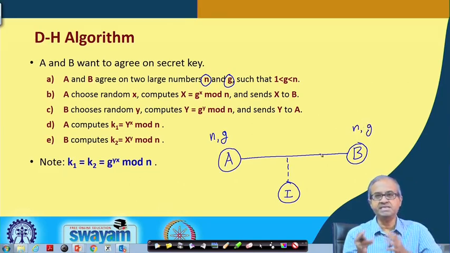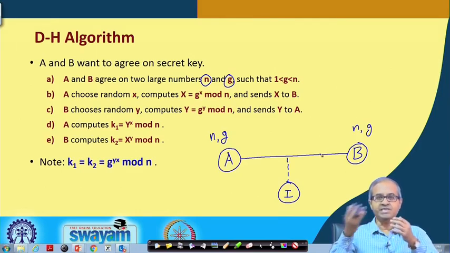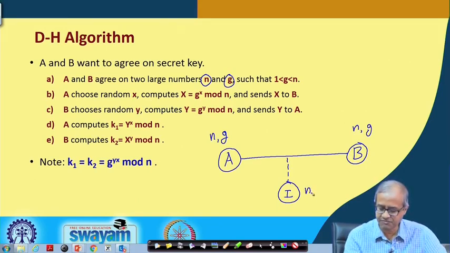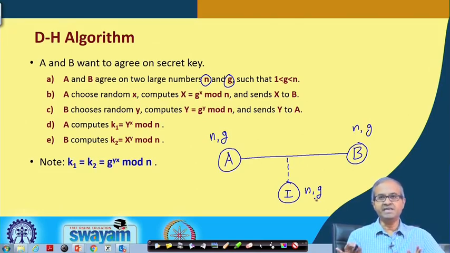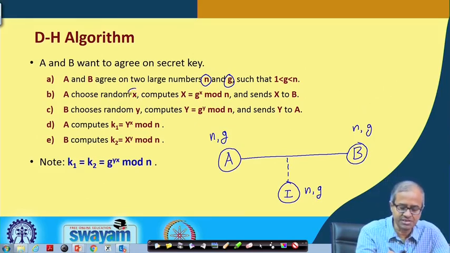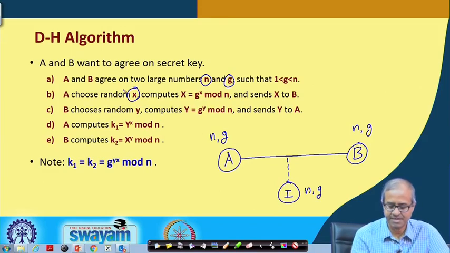These n and g are something which A has communicated to B over this channel. So the intruder may also have these values of n and g. They are nothing very secret; I am assuming that the world knows, because I have sent them over an insecure channel. Now, the steps in the algorithm. A chooses a random number, small x.